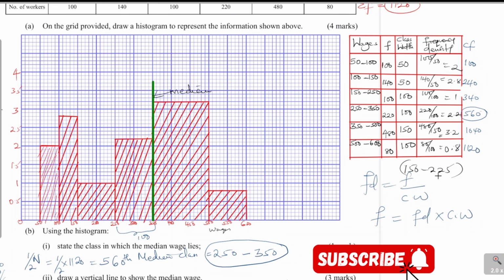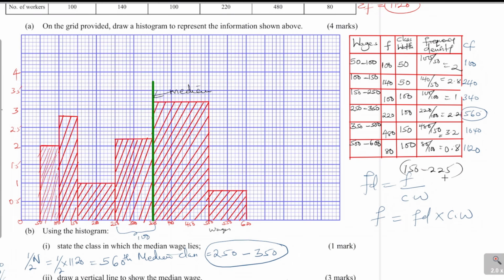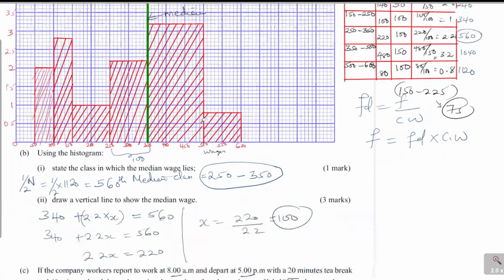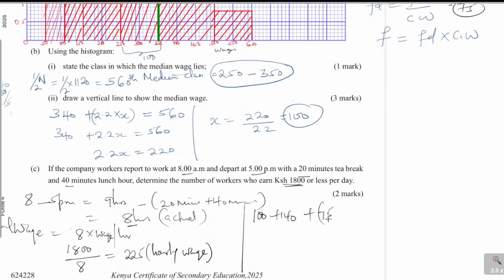The class width we require is 225 minus 150, which is 75. We don't require all these 100 workers, we only require 75. Remember, frequency is given by the frequency density times the class width.